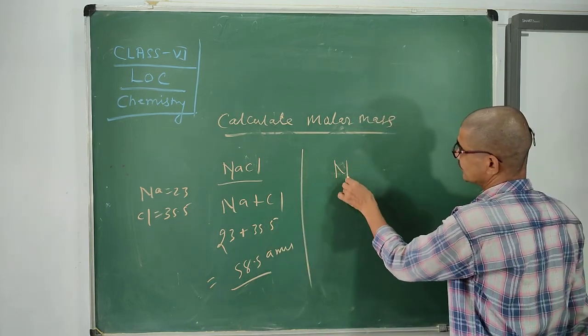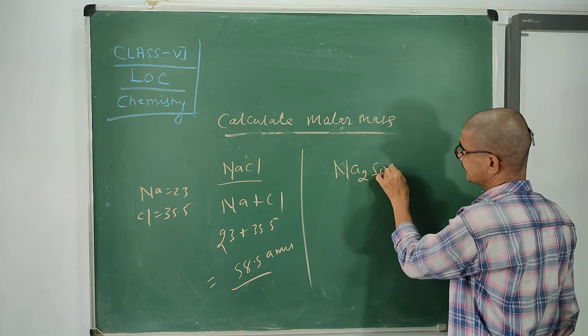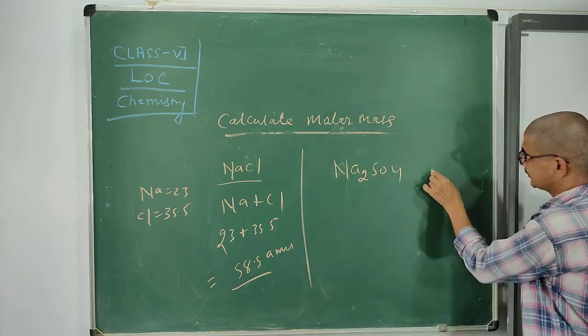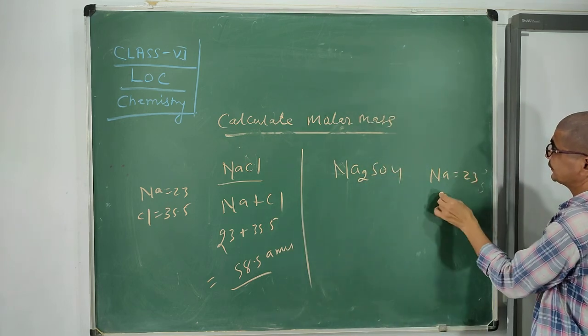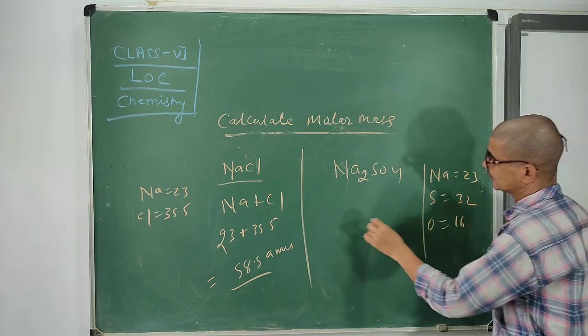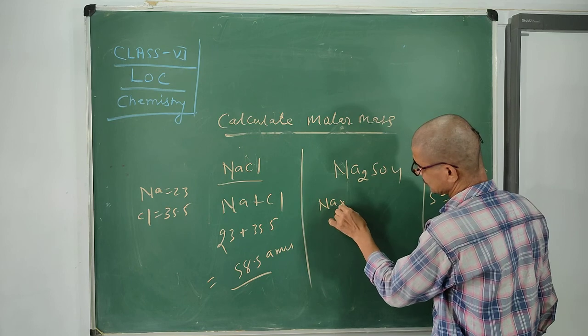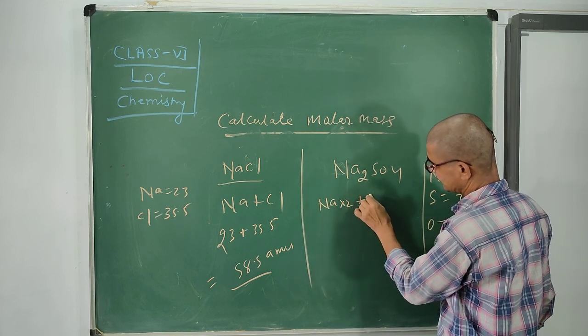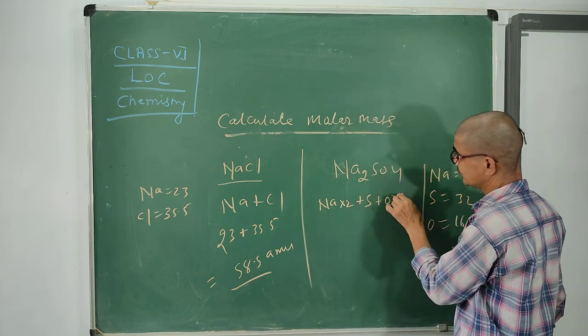What is the molar mass of sodium sulfate? Sodium, you know, mass number is 23, sulfur is 32, oxygen is 16, it is given. Now Na into 2 plus S plus O into 4.